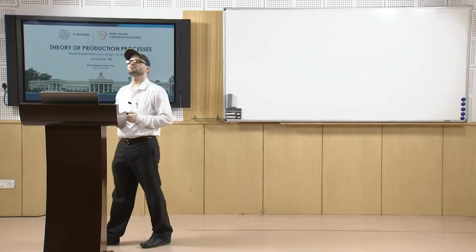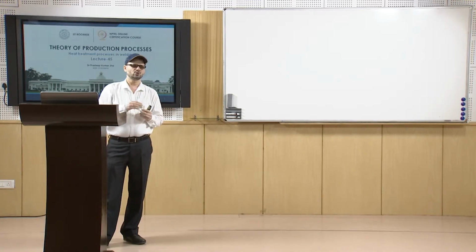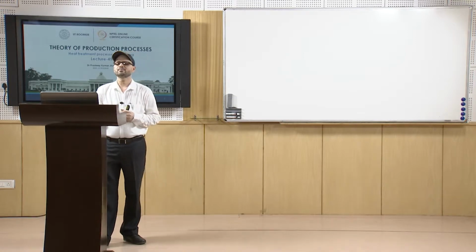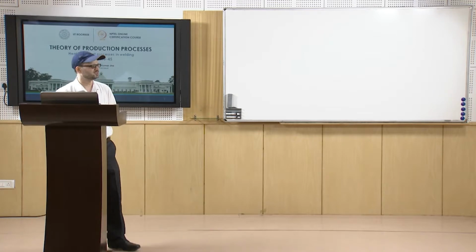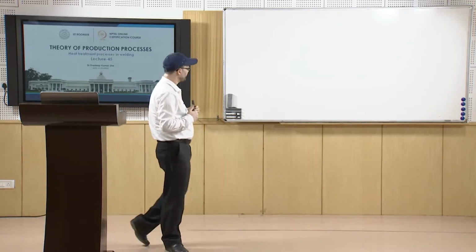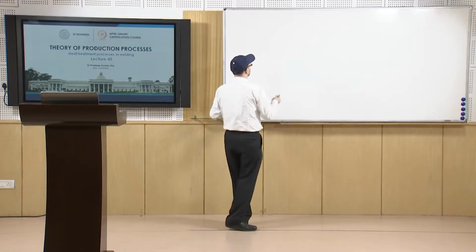Now, coming to the different heat treatment processes employed in welding, the first is the annealing process. As the name suggests, annealing means very slow cooling. We heat to a temperature, and normally the temperature maintained is above the upper critical temperature.